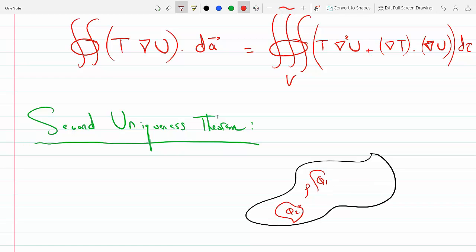So this one here is Q1, Q2, and this is our V, Q3, etcetera, Q4.